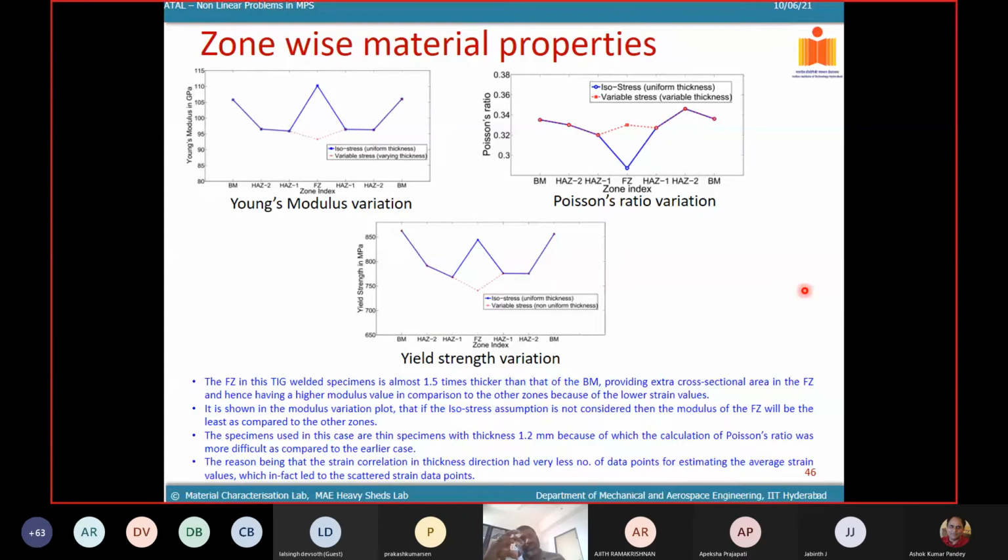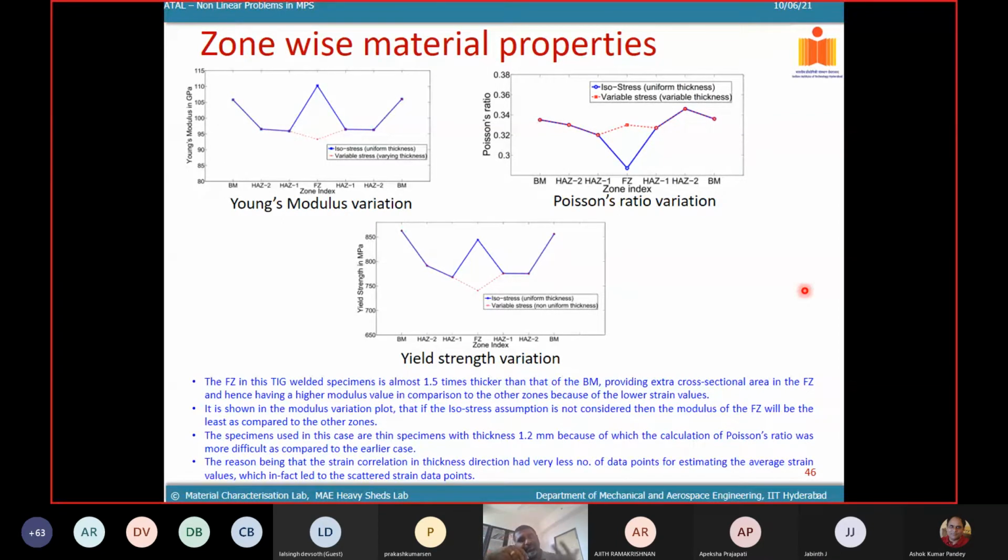So when the flushing is there, what happens is closer to the fusion zone, the assumption of uniform stress field no longer holds good because of the variable geometry there. Your stress becomes non-uniform, not non-linear, non-uniform. So there's a problem.